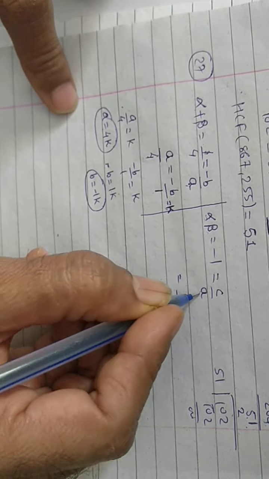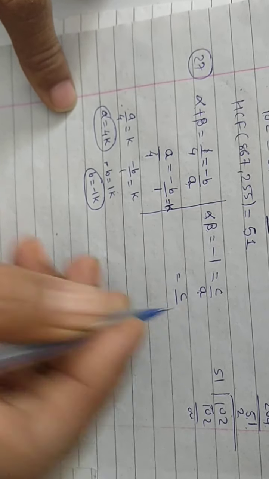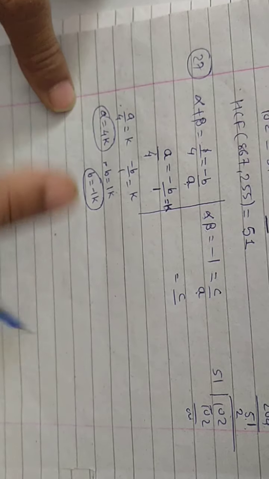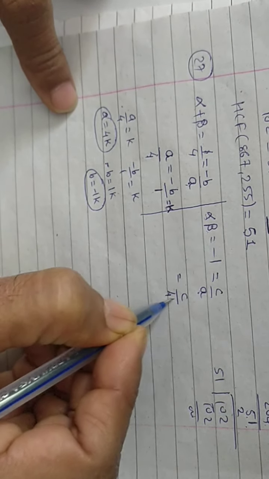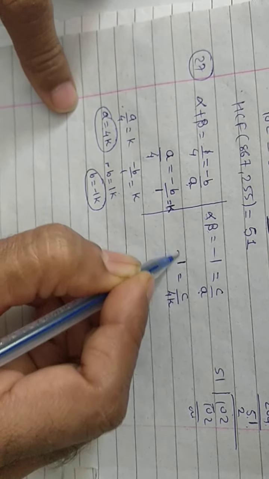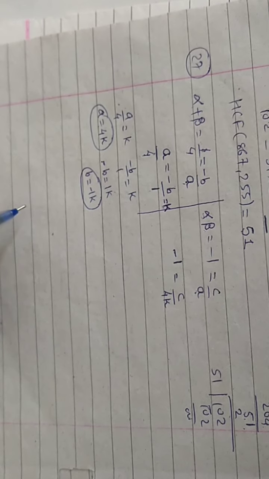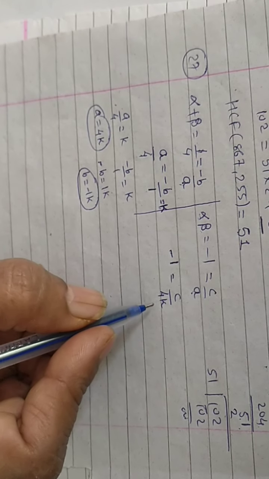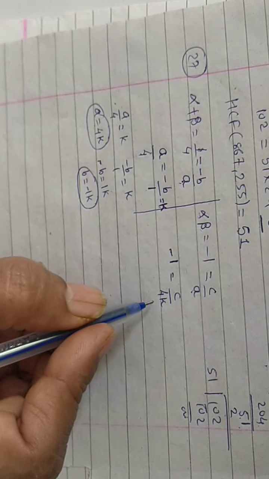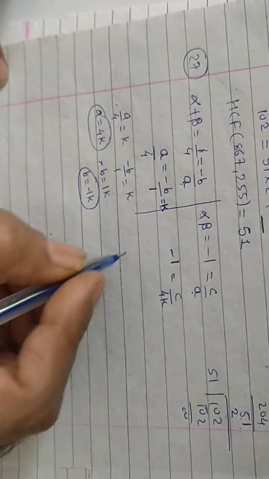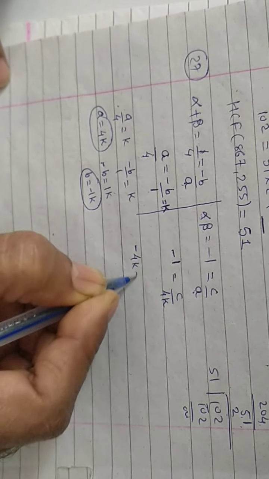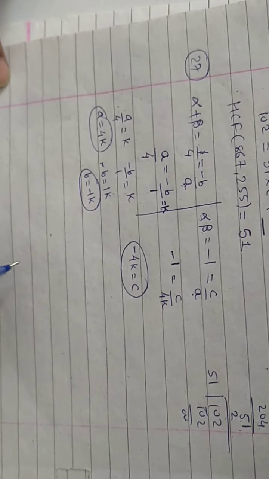Now put a is equal to 4k. This 4k is multiplied with minus 1, so c is equal to minus 4k.